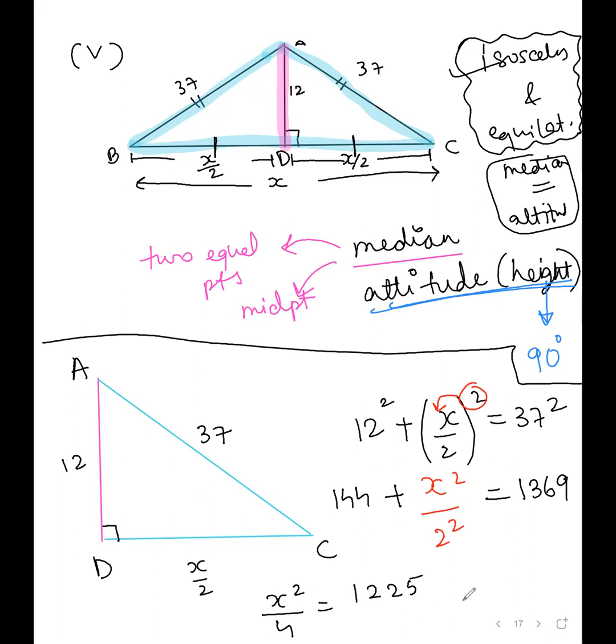So now x square will become how much? 1225 multiplied by 4, yes or no? Which I will multiply. That is equal to 4,900. Very good.